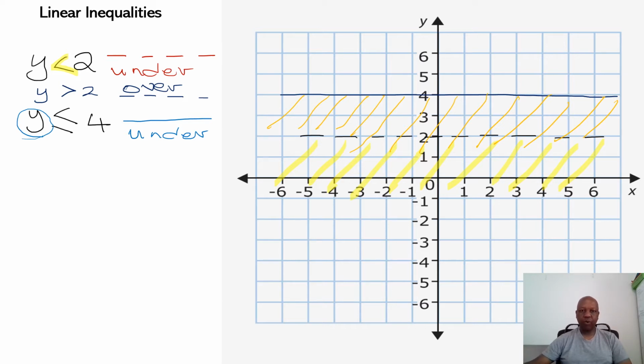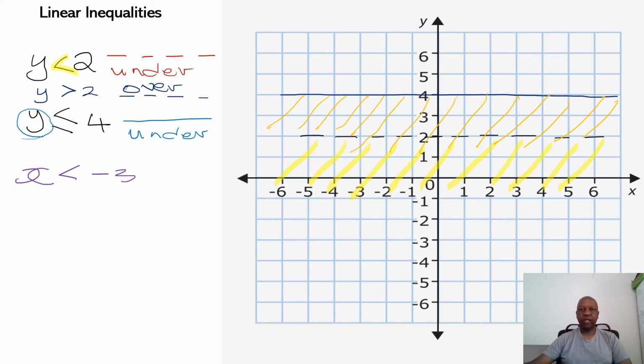Likewise, we can also write inequalities in terms of x. Let's have a look how we do that. Let's say x is less than minus 3.